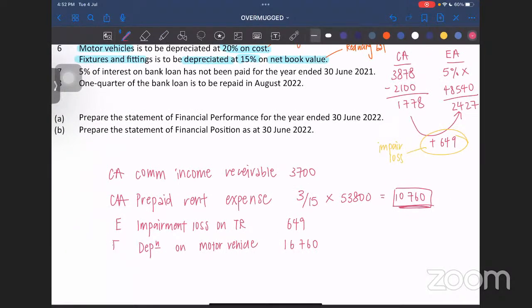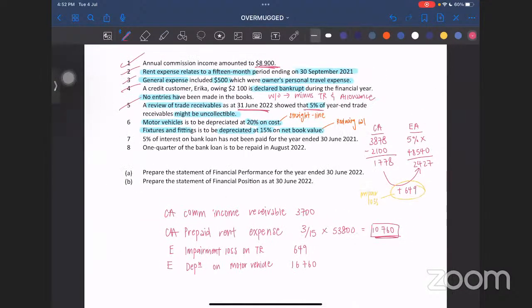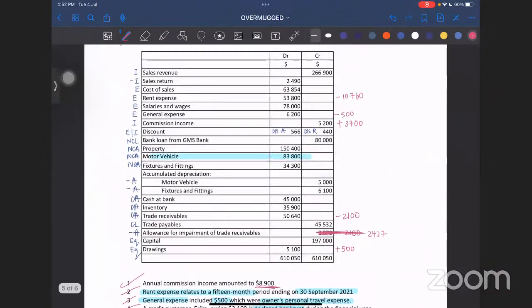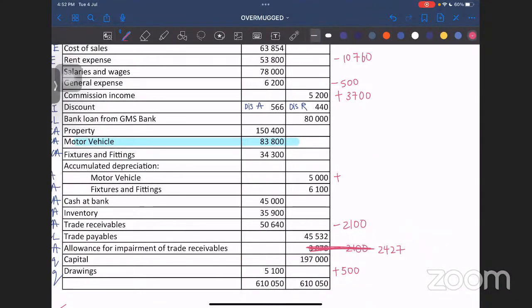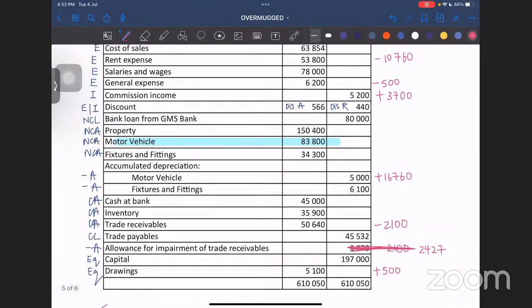Depreciation is an expense. So here I will add on to my accumulated depreciation, right? Remember your journal for depreciation, we learned this before: debit depreciation, credit accumulated depreciation. So I create the depreciation and then I add inside my accumulated depreciation. It's the same thing here that we are doing.